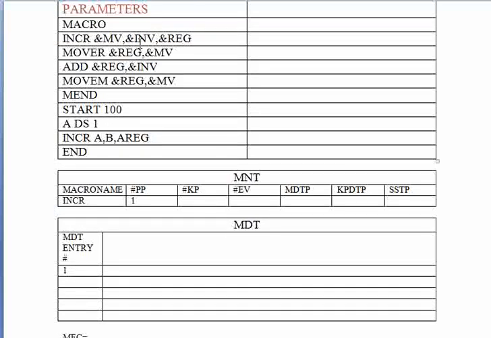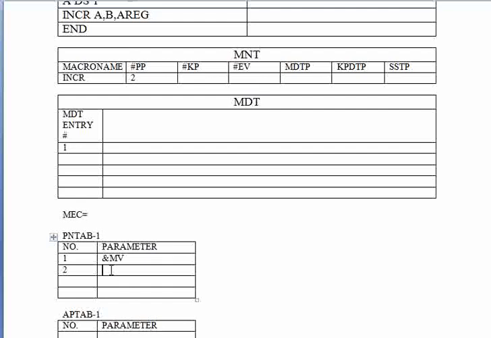Now it goes to the next parameter, that also is a positional parameter, so it increments #pp by 1, makes it 2, and makes an entry into this parameter table, and it says that the second parameter is INV.